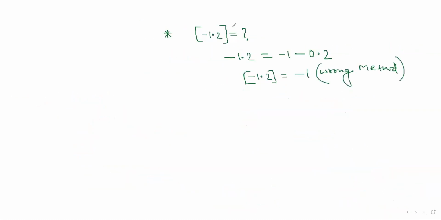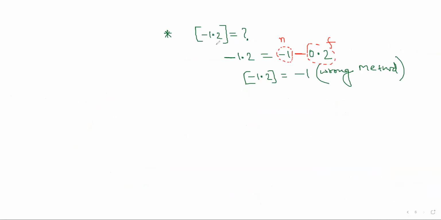No doubt minus 1 is the integer n and 0.2 is the f, but between n and f there should be a plus sign, and here we use a minus sign. So it contradicts the formula.